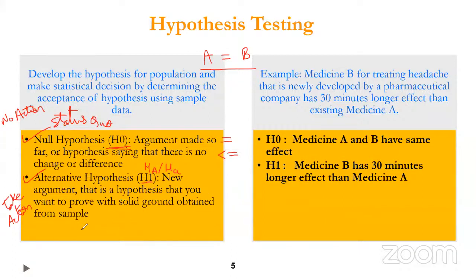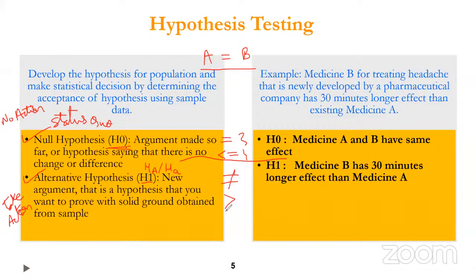Now, what do we mean by alternate hypothesis? It says negation of null hypothesis, right? So if null hypothesis condition is equals to, alternate hypothesis condition will be not equals to. And same way, if the null hypothesis condition is less than or equals to, alternate hypothesis condition can be greater than, right?